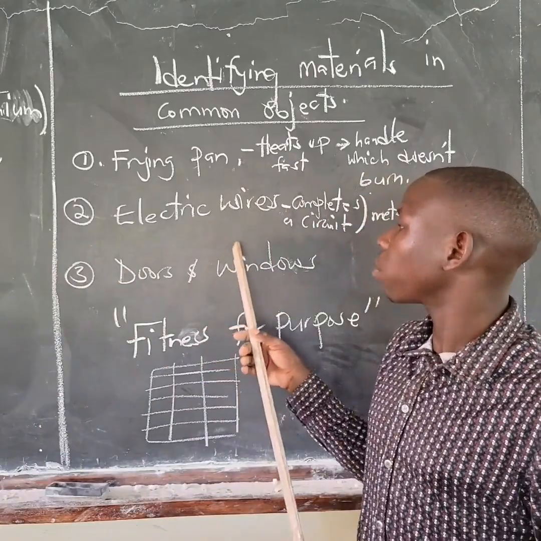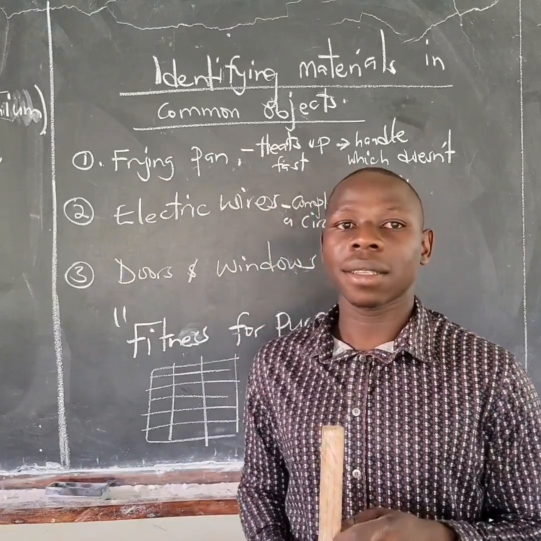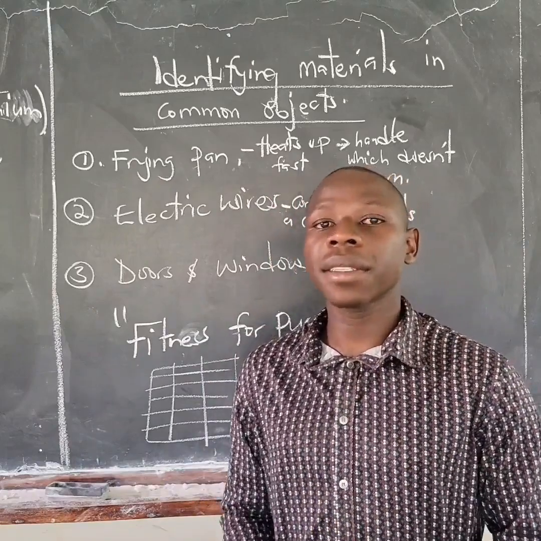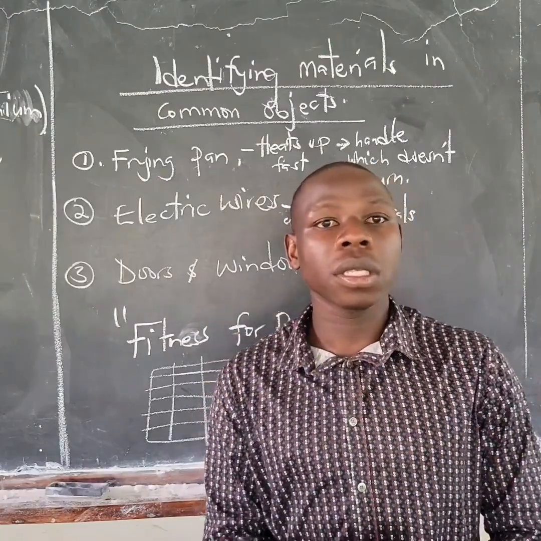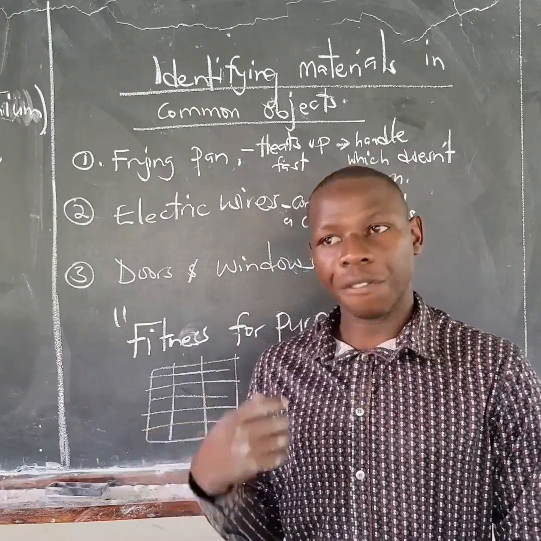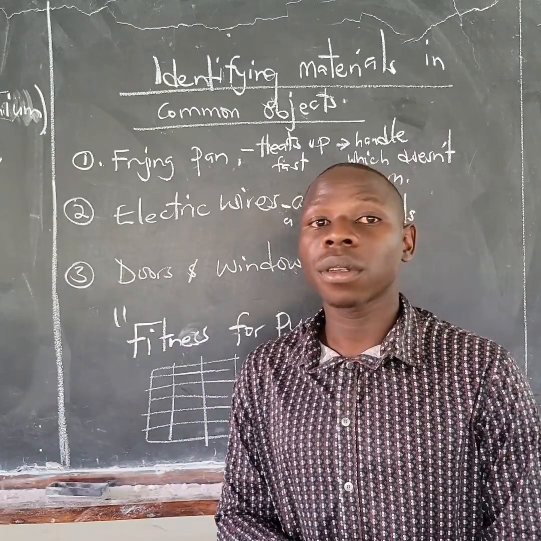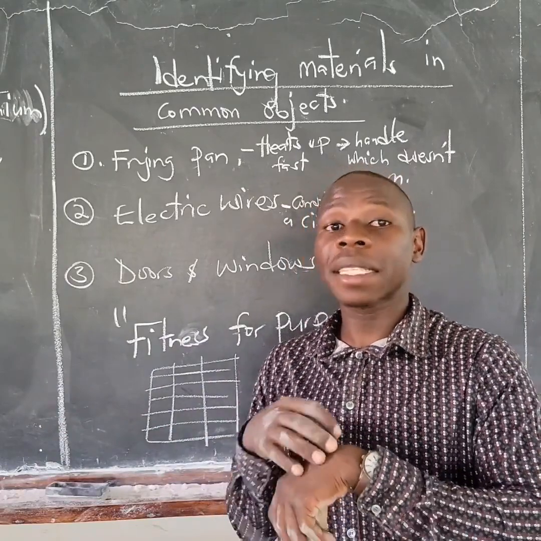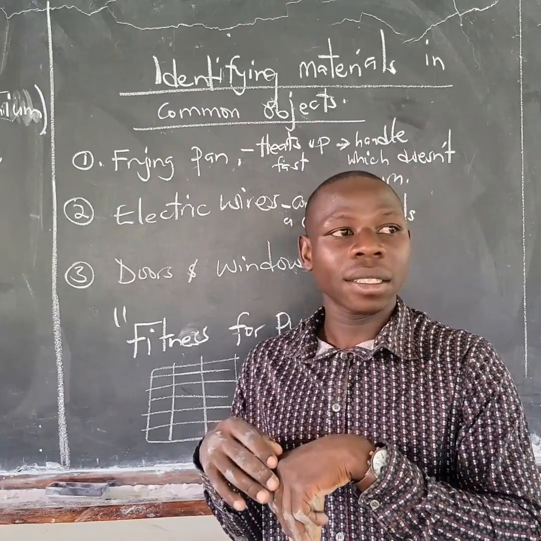But before we come to the end of the session, we need to look at the safety signs that indicate, because of the materials we use, some materials are flammable, others are what we call corrosive when they affect tissue, like the skin.